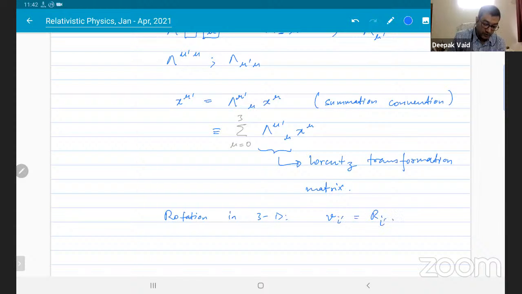So I'll just use all lower indices and I'll write it like this. What is this? This is my rotation matrix. And these are my 2 vectors, before and after rotation. Index level is not relevant.